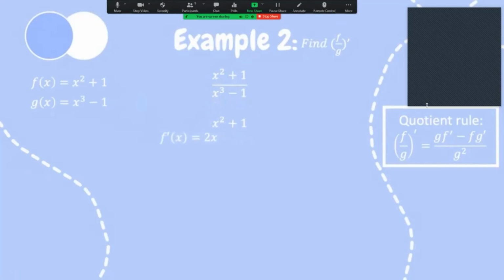Now x to the third minus 1 becomes 3x squared, and the constant goes out. So 3x squared.